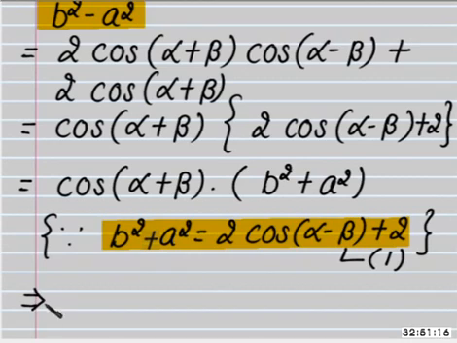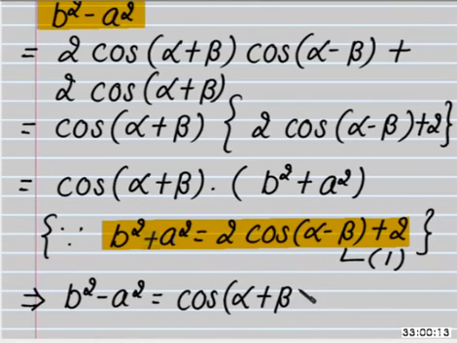So this implies B square minus A square is equal to cos of alpha plus beta into B square plus A square.